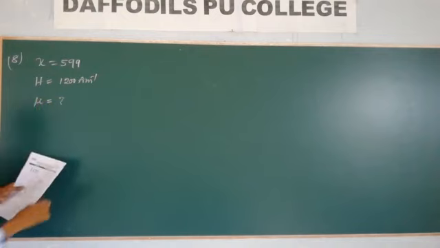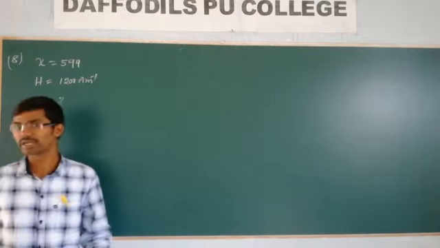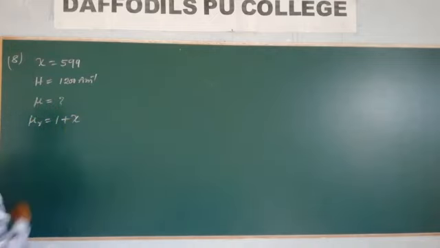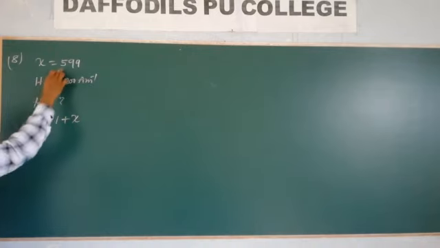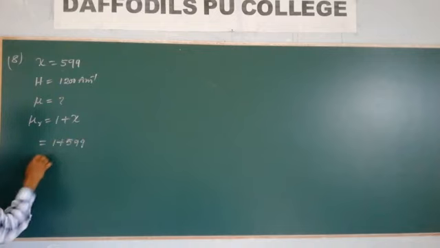What is the relation between susceptibility and permeability? We know mu r is equal to 1 plus chi. Here chi value is given, then 1 plus 599, which is equal to 600.